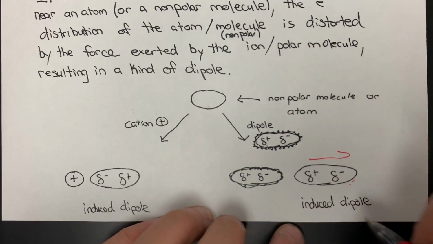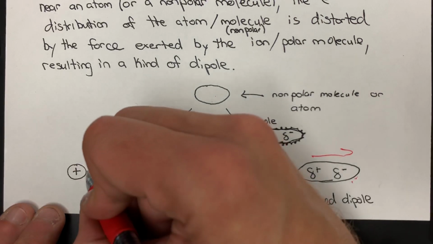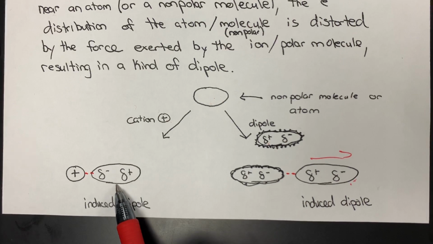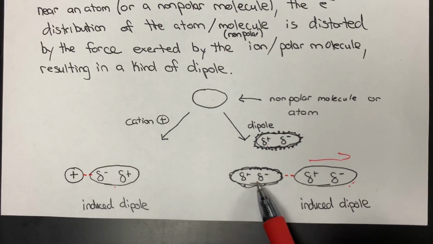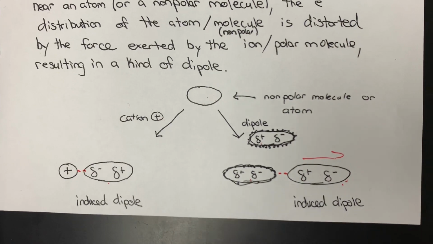And now we have an induced dipole, right? And I've failed to draw in the attractive force between the ion and the formerly nonpolar molecule, and this polar molecule that has an existing dipole and the formerly nonpolar molecule.